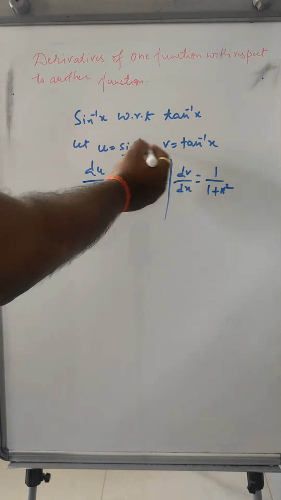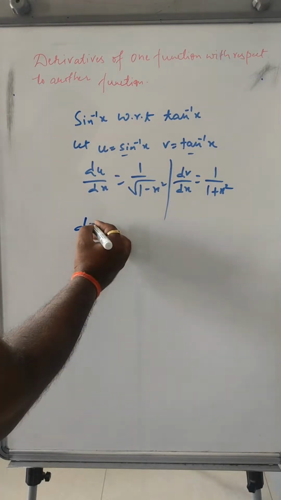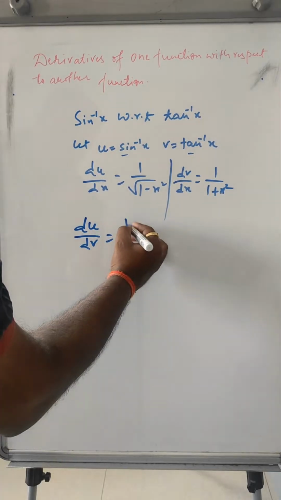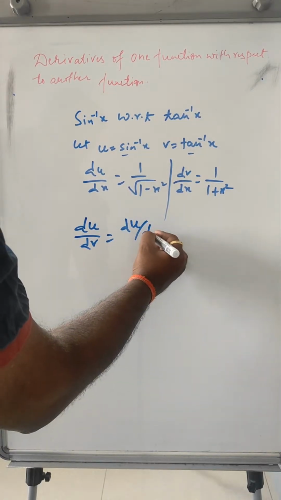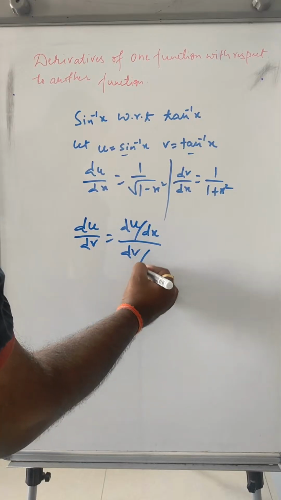This is a direct formula, right? You should remember this. Tan inverse x, what is the differentiation of tan inverse x? 1 by 1 plus x square, correct? And sin inverse x, 1 by under root 1 minus x square, correct? So in this case, du by dv is what? du by dx and dv by dx, correct?